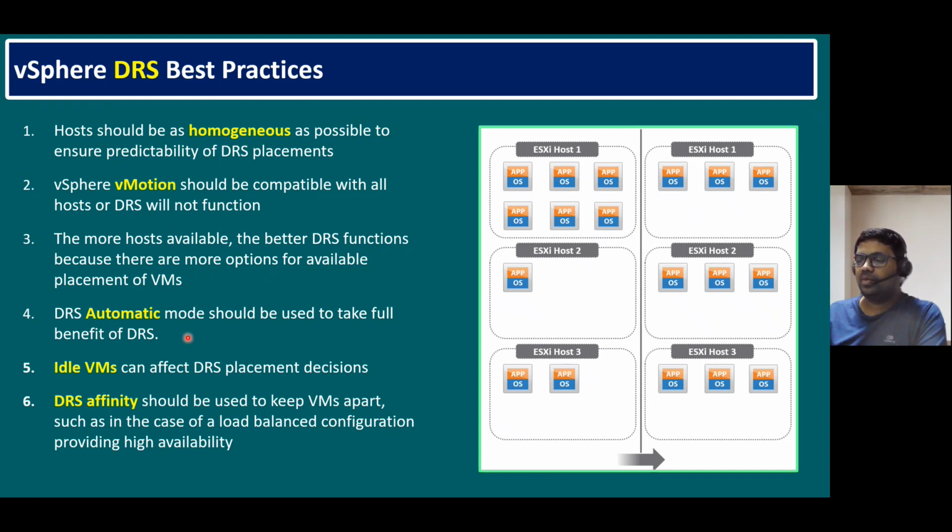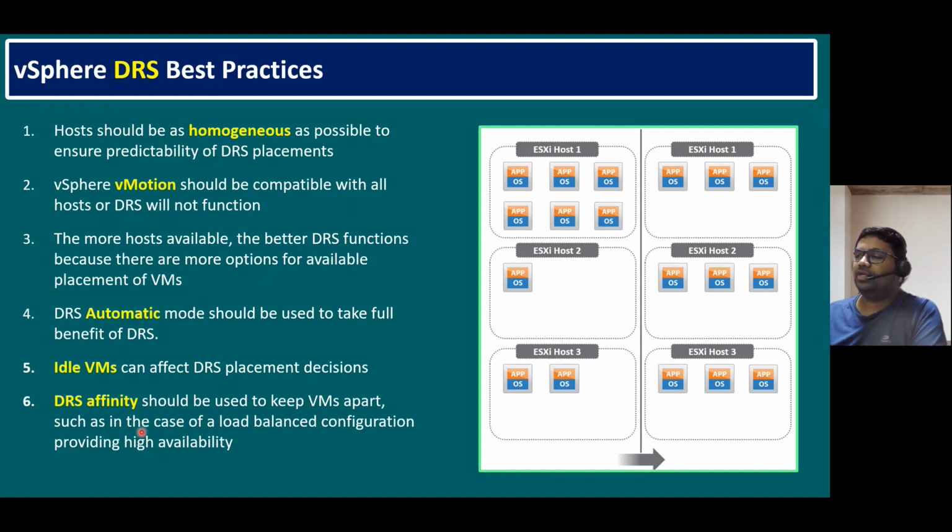And DRS automatic mode should be used to take full benefit of DRS. This is the recommendation. And idle VMs can affect the DRS placement decisions, and DRS anti-affinity should be used to keep VMs apart, such as in the case of load balance configurations providing high availability.